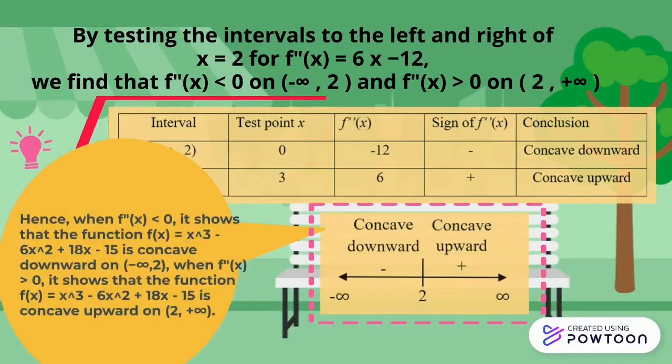Hence, when the second order derivative is smaller than 0, the function is concave downward on negative infinity to 2. And when it is bigger than 0, the function is concave upward.